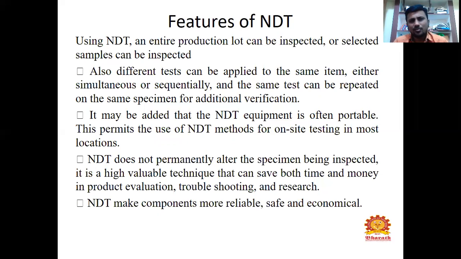So with NDT, we can check at lot level or selected samples; both are possible. Also, different tests can be applied to the same item, either simultaneously or sequentially, and the same test can be repeated on the same specimen for additional verification.